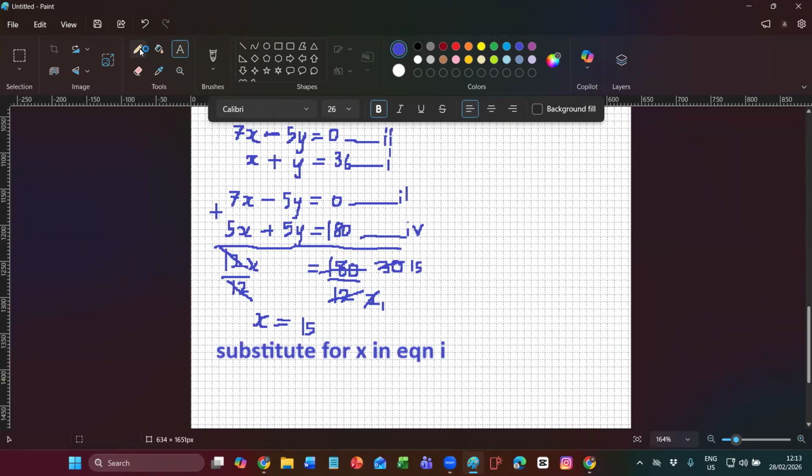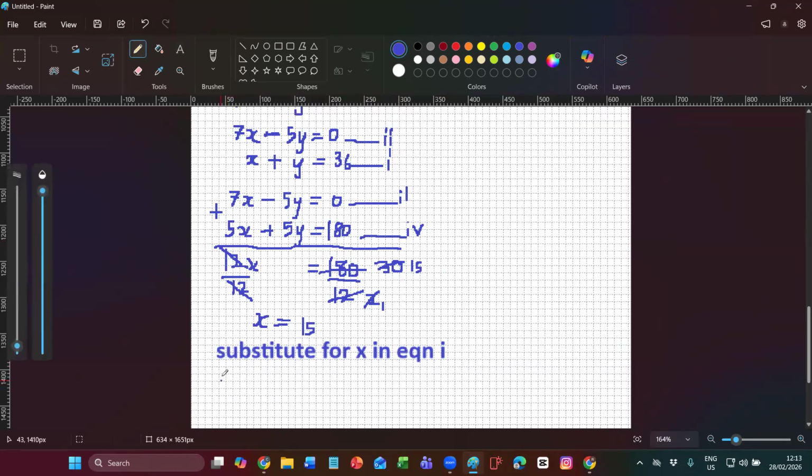So let's do just that. Anywhere I see x, I'm going to put 15. So I have that 15 plus y equals 36.